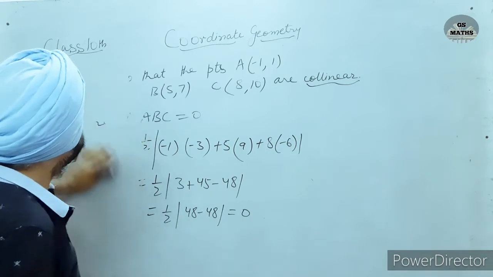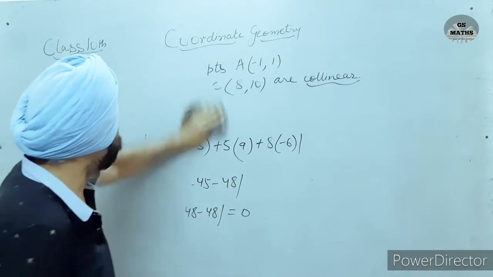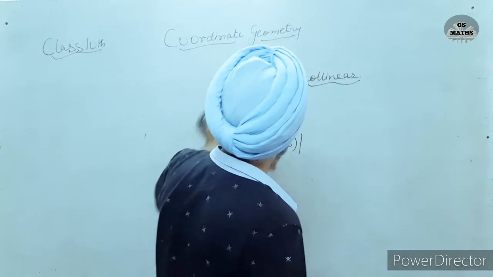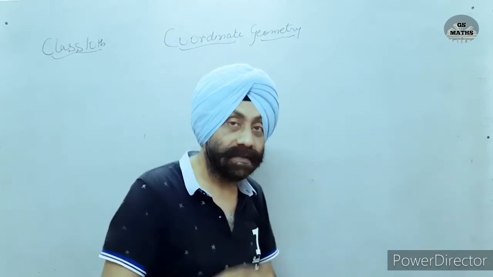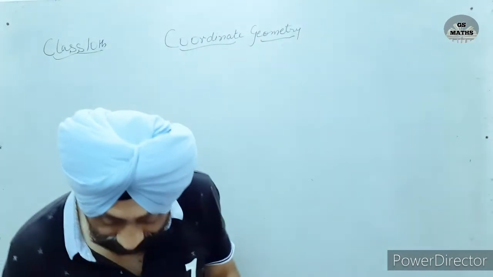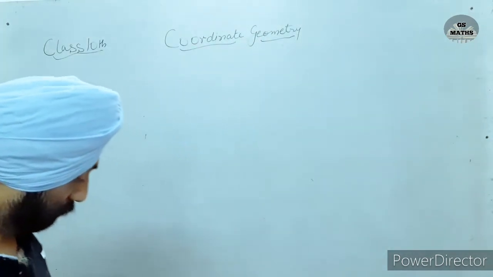Now, next question. Again, how to find the value of unknown K or any other unknown when it is given the 3 points are collinear. Now, the question is this.